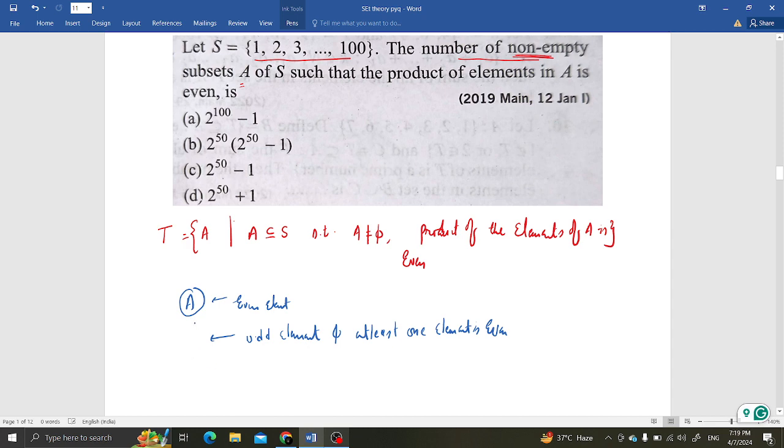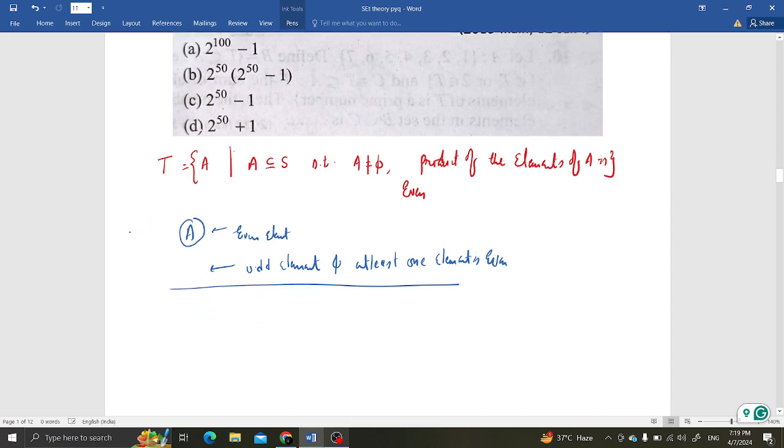Okay. When it contains an even element, the product will be even. When will the product be odd? Only one possibility is there, when all elements are odd. Okay.